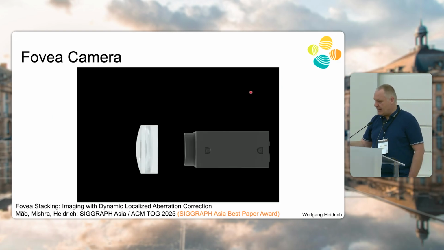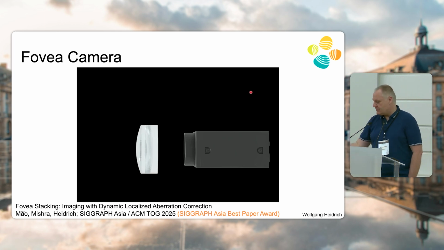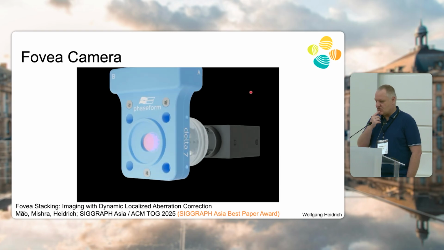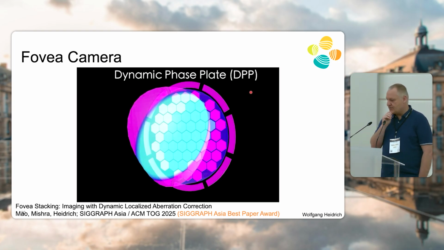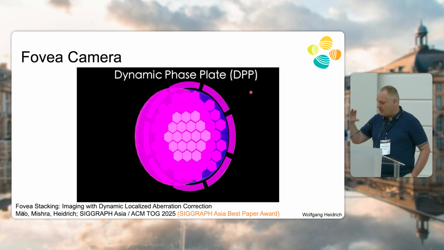Now, the way we do that in a computational camera system is that, let's say we have a very simple optical system, like a single refractive lens. We can add what's called a dynamic faceplate in front of it, and it's basically programmable.